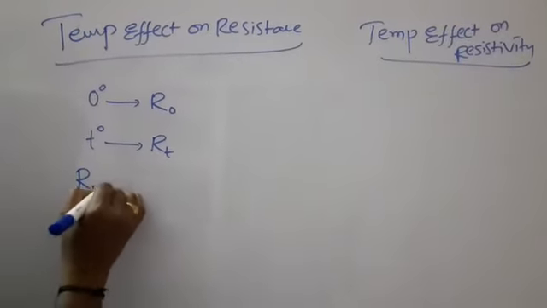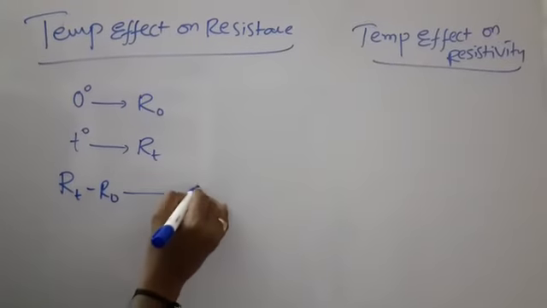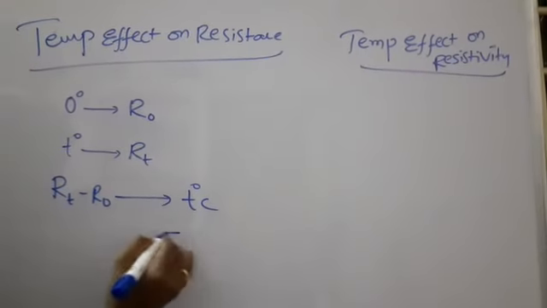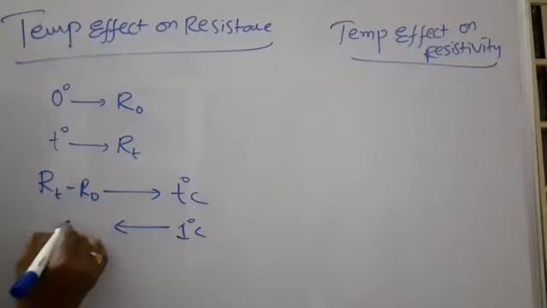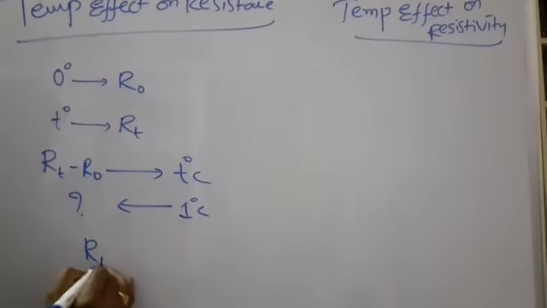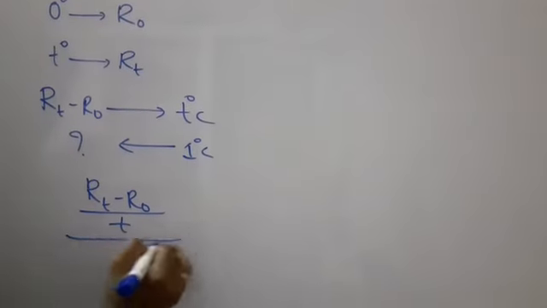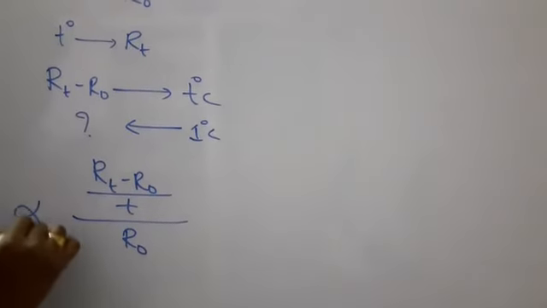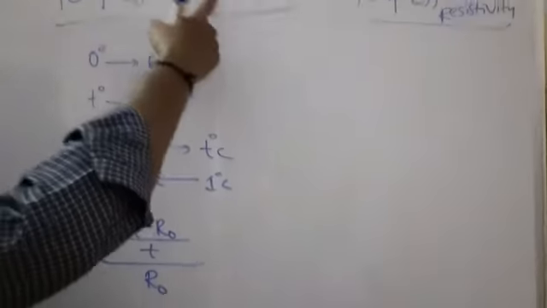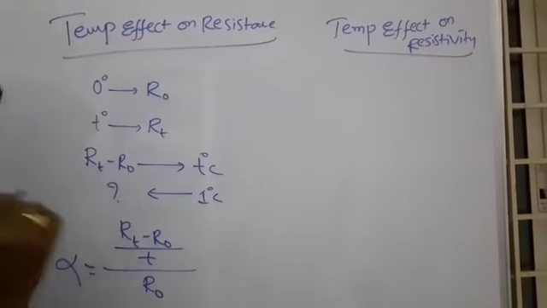So RT minus R0 is the increase in resistance at T degree centigrade. Per 1 degree centigrade, the increase in resistance is RT minus R0 divided by T, divided by the original resistance at 0. It is called the temperature coefficient of resistance, alpha.